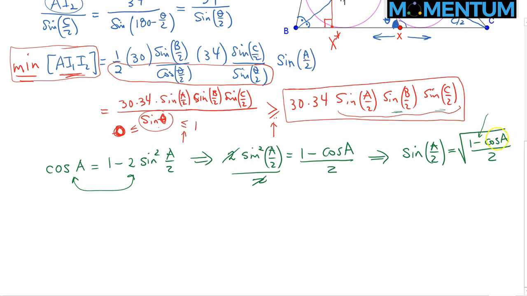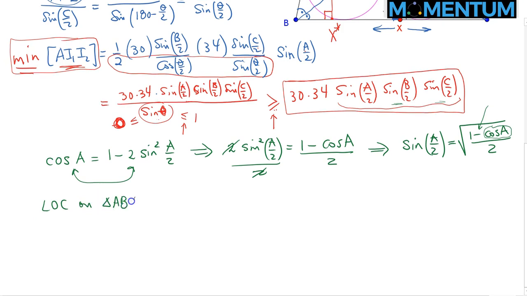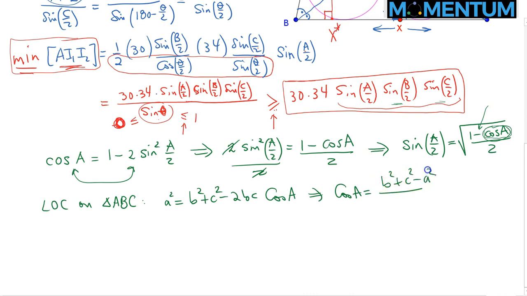Actually, right before you multiply, we can be smart and replace cosine A with what we get from the law of cosines. From the law of cosines on, say, triangle ABC, in particular because we need cosine of A, we get A squared equals B squared plus C squared minus 2BC cosine of angle A. And from there, it's obvious that cosine A is simply equal to B squared plus C squared minus A squared, all divided by 2BC.